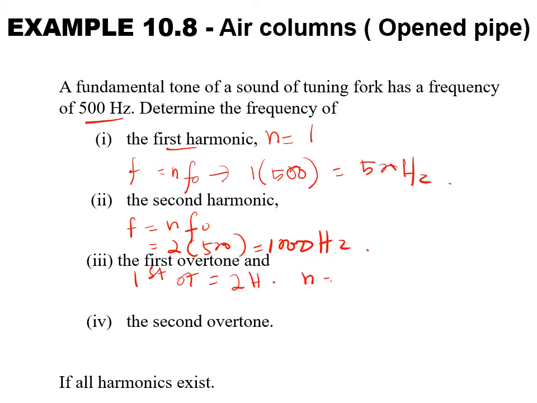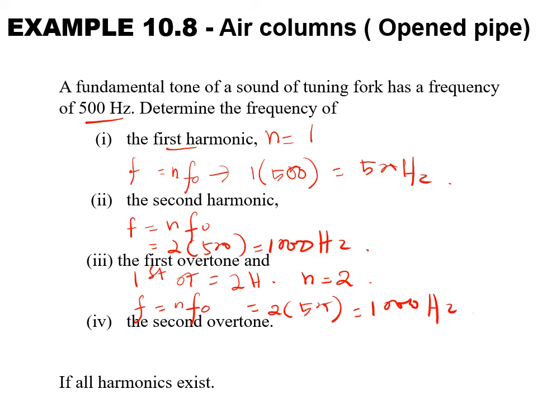So n equal to 2. According to the formula f equal to nf naught, 2 times 500, you will get 1000 Hertz.